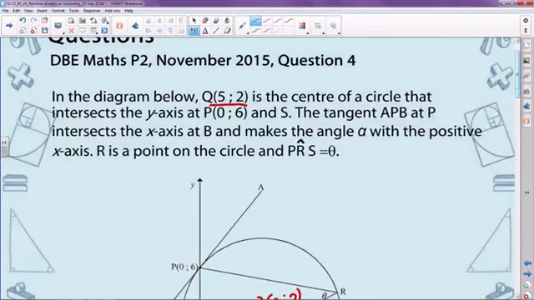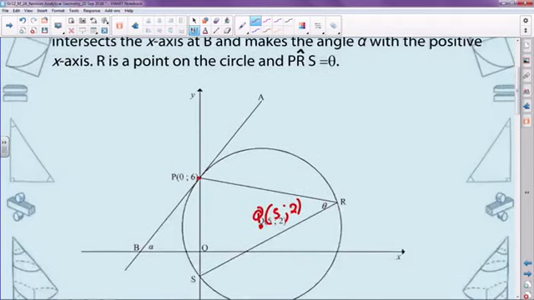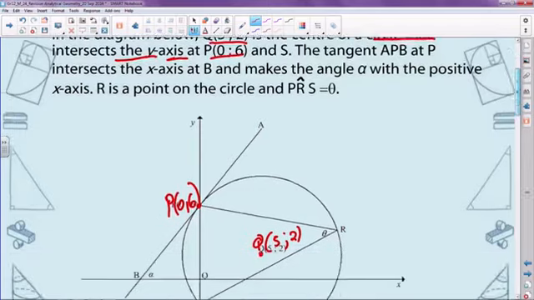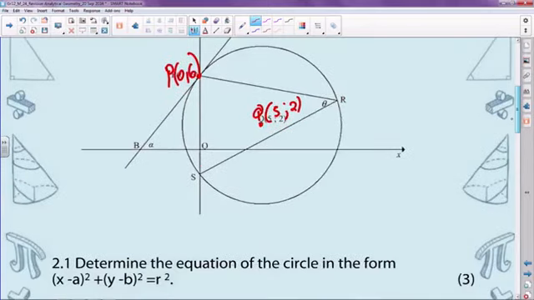We see that in the circle, the center of the circle, and then they say that the circle intersects the y-axis at the point P. So they've given you one of the y-intercepts of the circle. That's the point (0, 6). All right, so we can fill that one in, and it also intersects the y-axis at the point S.